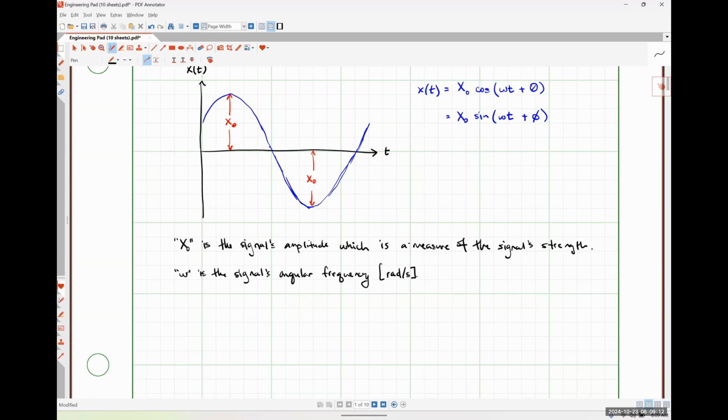Okay. So we can't really see what omega represents on a single graph, but effectively what this is just telling us is a measure of how quickly we go through a single cycle. So the larger the angular frequency, the faster this signal oscillates between its peak values. Okay.